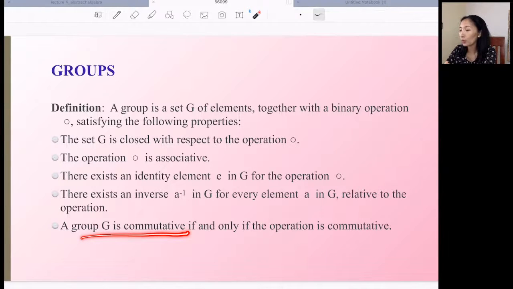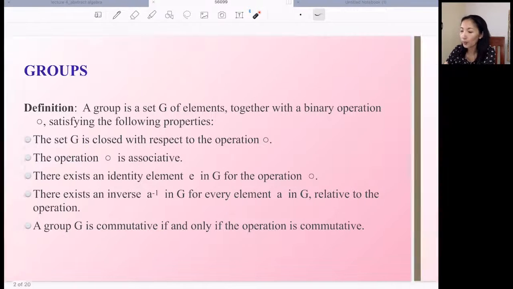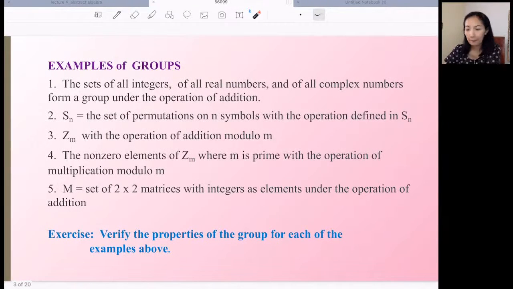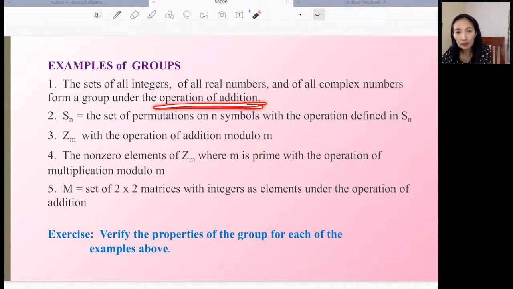Now, let's look into examples of groups. Number 1. The set of all integers, the set of all real numbers, and the set of complex numbers form a group under the operation of addition. Why? Let's look into the properties one by one.